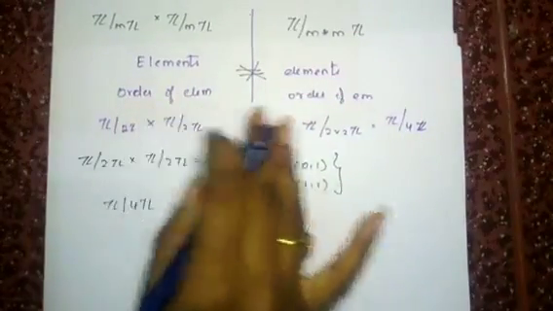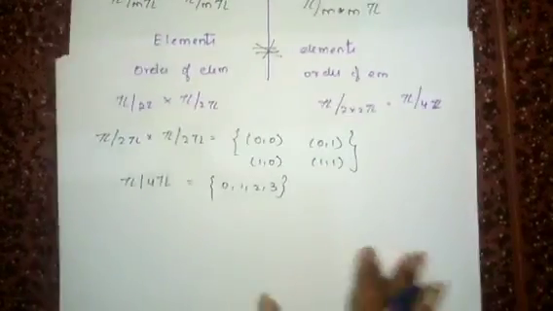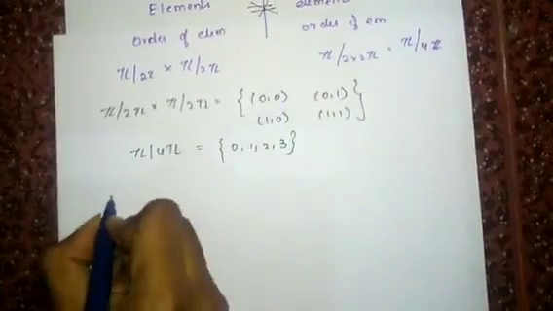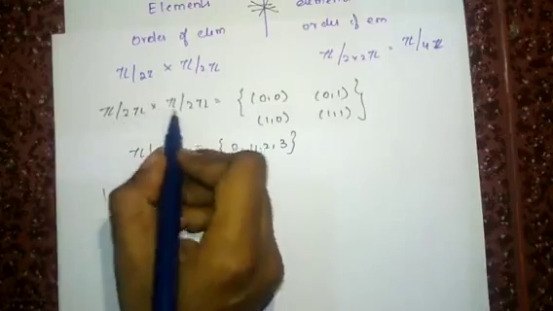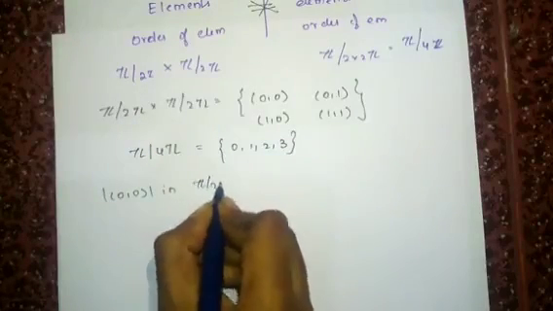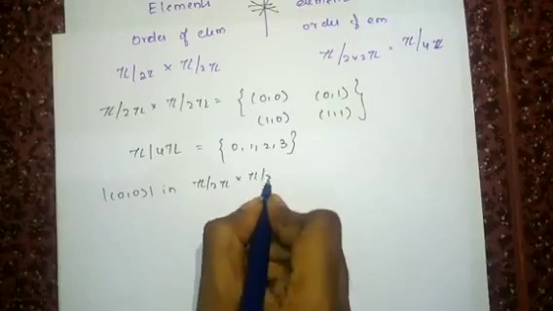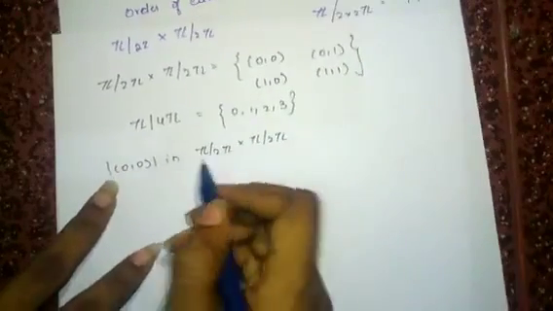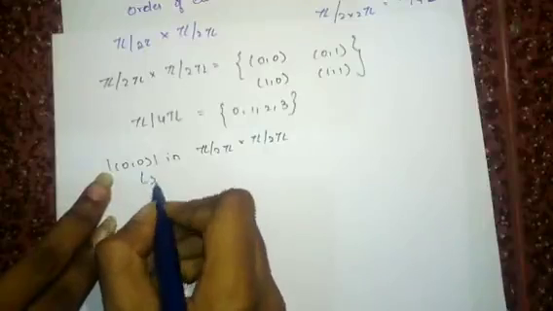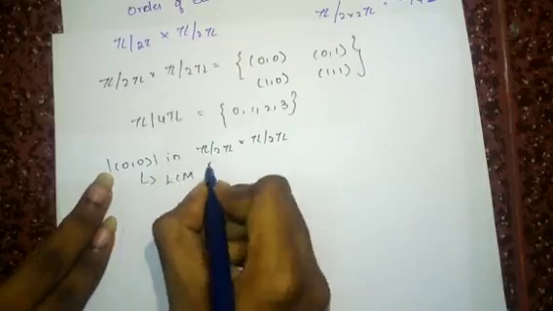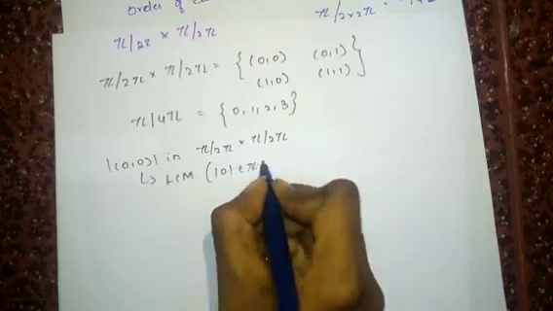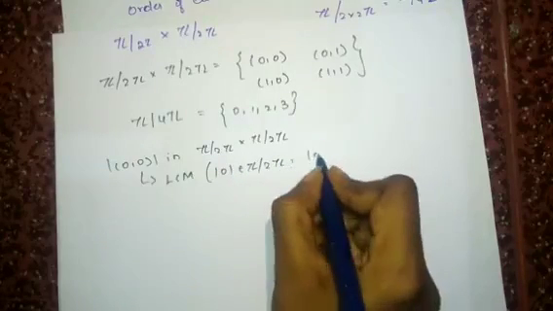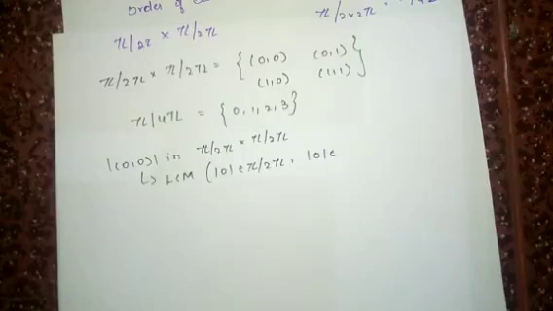Now we will compare the order of these elements. I will find the order of (0,0) in Z modulo 2Z cross Z modulo 2Z. The order of this is the LCM of the order of 0 in Z modulo 2Z and the order of 0 in Z modulo 2Z.